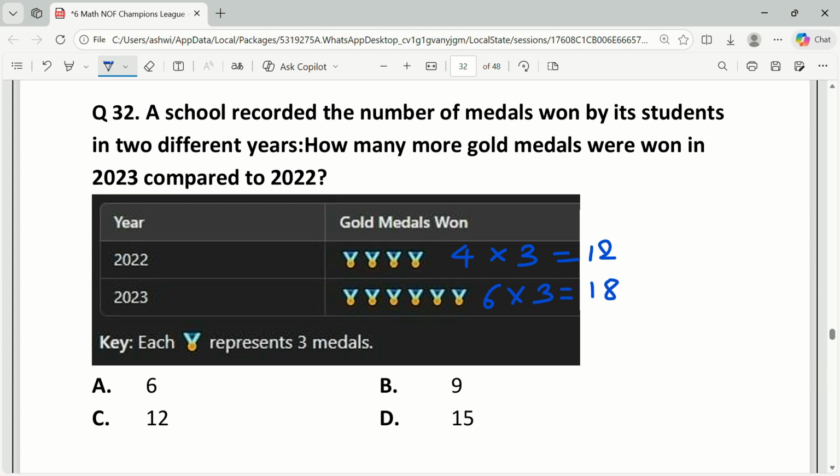To find out how many more medals were won in 2023 compared to 2022, subtract the number of medals won in 2022 from those of 2023. That is 18 minus 12, which is equal to 6 medals. Comparing with the options, the answer is A, 6.